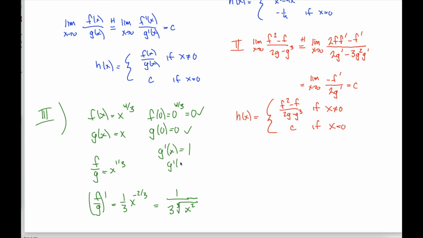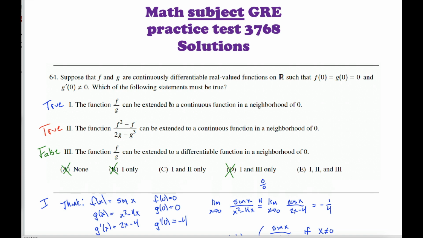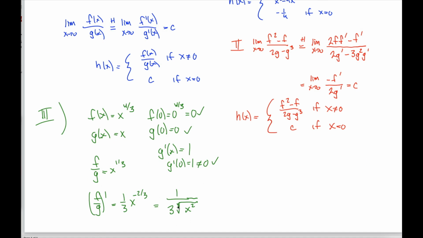So g prime of 0 would be equal to 1, which is not equal to 0. Great. X to the 4/3 and x are continuously differentiable real-valued functions on R, such that f of 0 equals 0, g of 0 equals 0, and g prime of 0 does not equal 0. However, as we've shown here, the derivative of their quotient is undefined at 0. Change all the x's into zeros, you get 1 over 0.